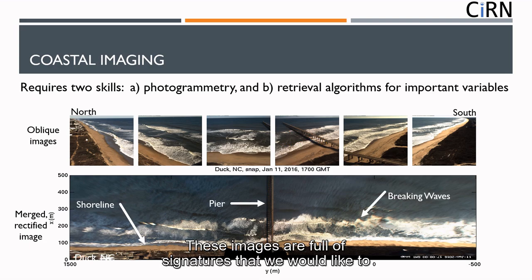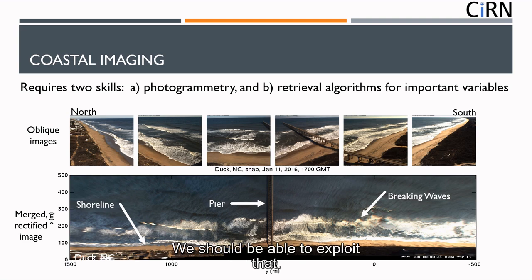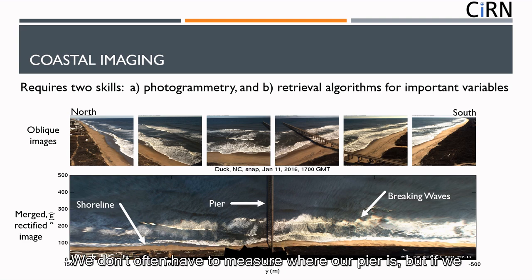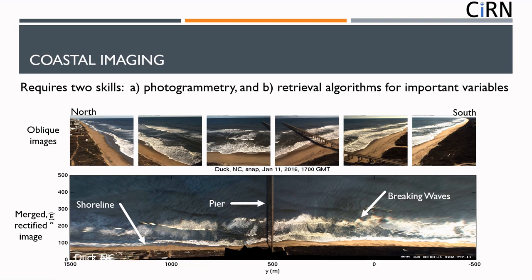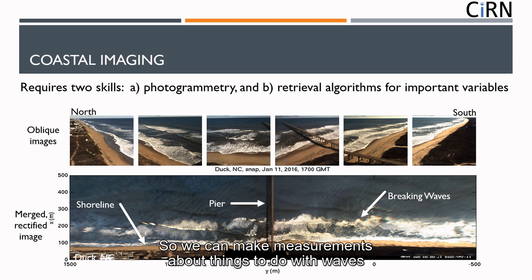These images are full of signatures that we would like to exploit. On the left, you can see an arrow pointing to the shoreline. It's visible, so we should be able to exploit that. We don't often have to measure where a pier is, but if we did, there it is. And then we can obviously see waves quite clearly, and particularly breaking waves, so we can make measurements about things to do with waves and breaking waves.